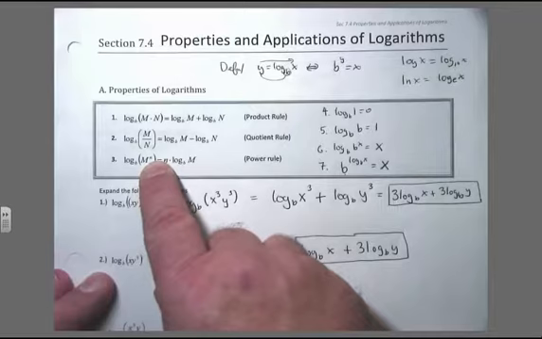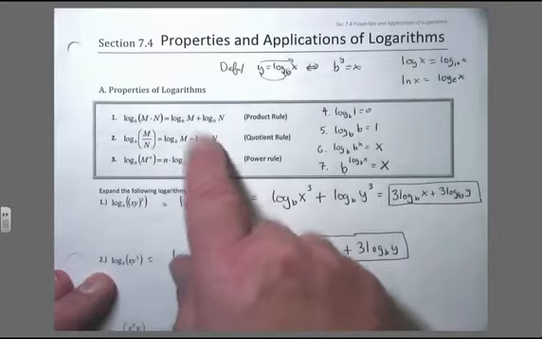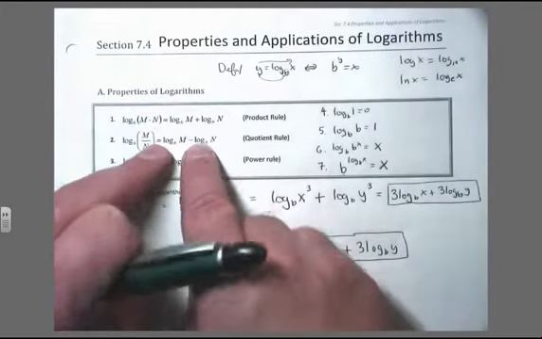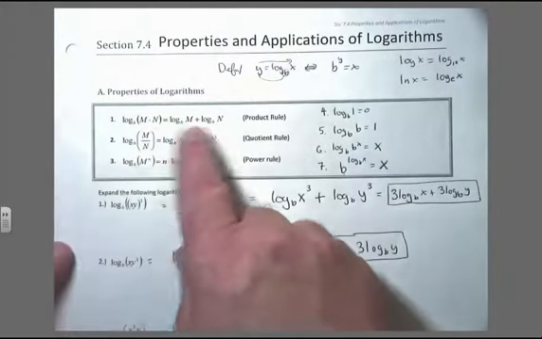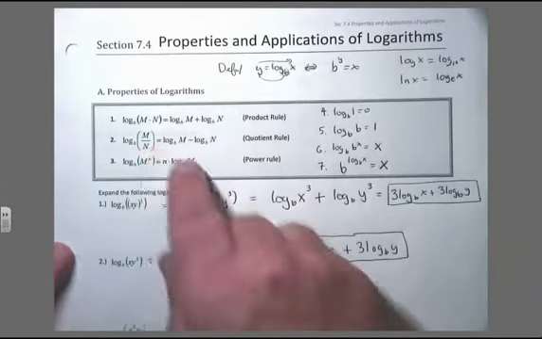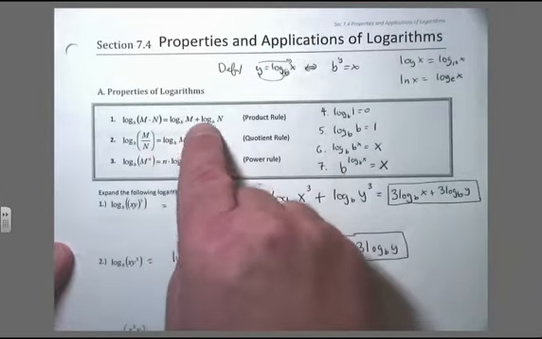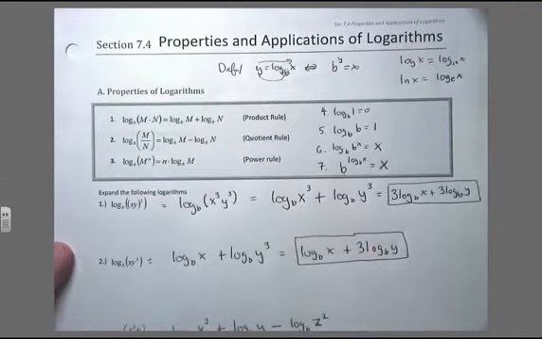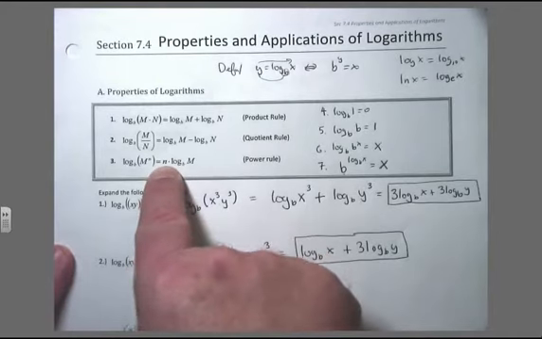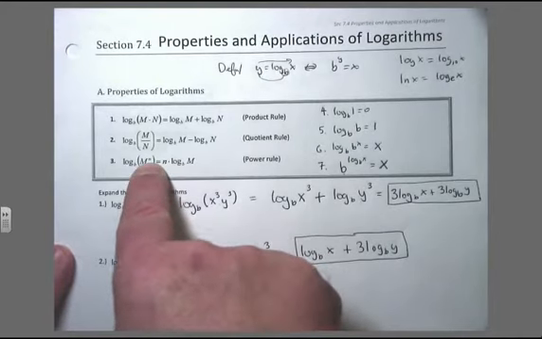But, most important, for you to be able to combine logs, addition or subtraction, what is the coefficient in front of the logs before you turn addition back into multiplication or subtraction back into division? The numbers in front of the logarithms have to be a 1 to combine logs. If you have a number in front of the log, you first have to put him back where he came from. The coefficients in front of logs go back into exponents.